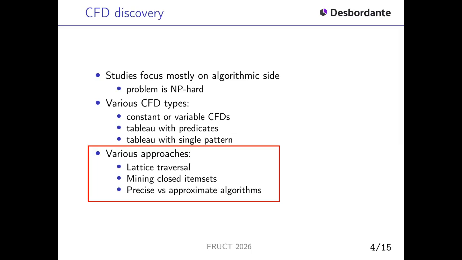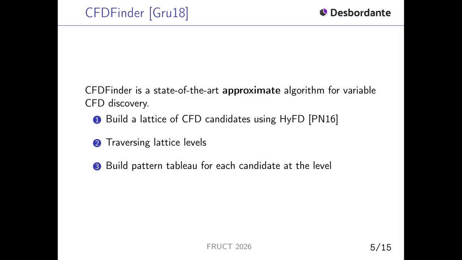For our research, we selected a state-of-the-art algorithm for discovering variable CFDs, CFD Finder. Its distinctive features are its support for multiple use cases and its focus on the quality of CFD results. The algorithm also allows different types of conditions in patterns, such as ranges of constants and negation.